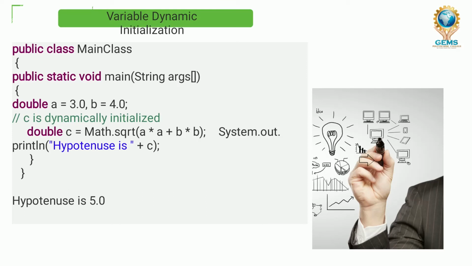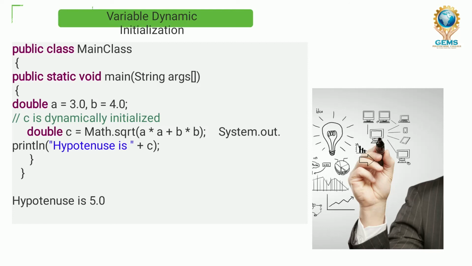A small example, a small program here. Public class Main, public static void main, String args. Double a equal to 3.0, b equal to 4.0. Here we are initializing the variables, declaring plus initialization. So double c equal Math.sqrt(a * a + b * b), then System.out.print hypotenuse is c. Here, double c is a dynamic initialization.